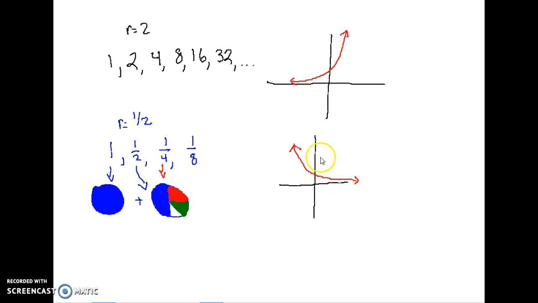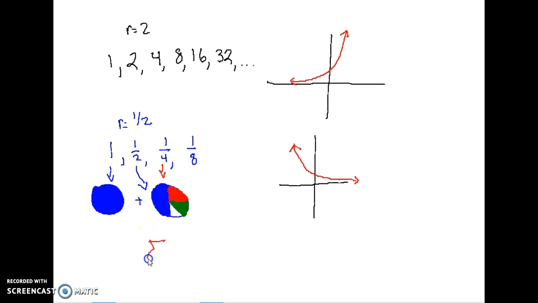So what we consider this is the sum is converging. It's getting closer and closer to our answer.